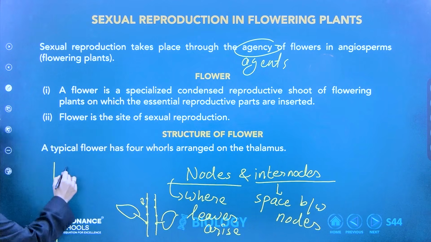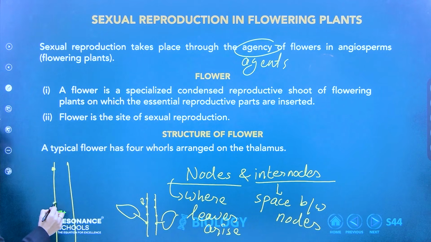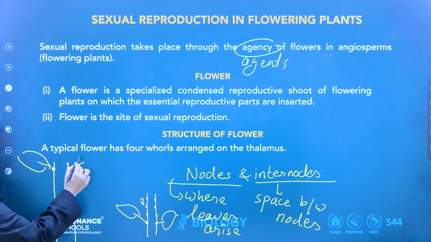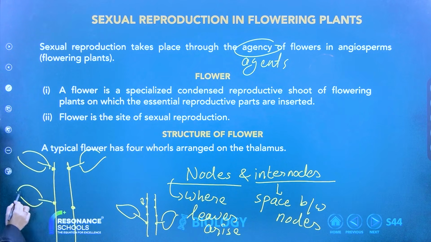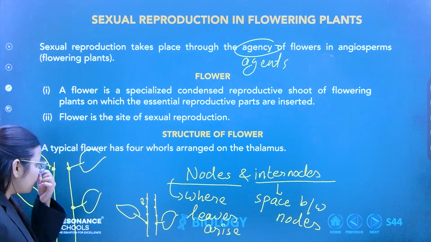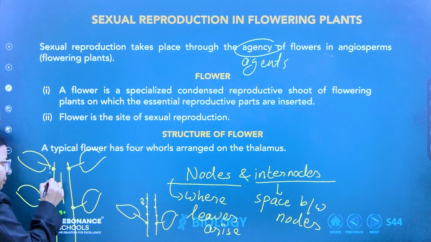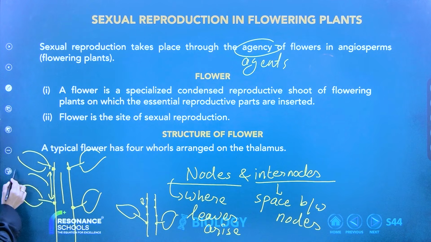If you see this in a larger diagram, if these are the nodes, nodes are the parts where leaves originate. Leaves originate on the node portion of the stem. This portion in between the nodes is called the internode.